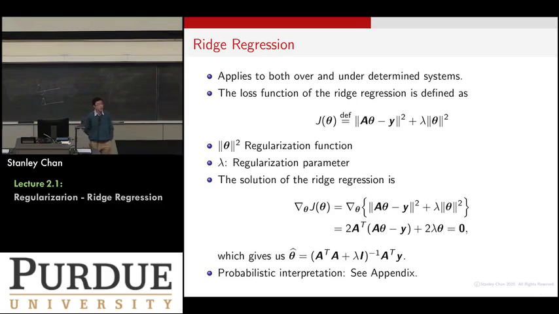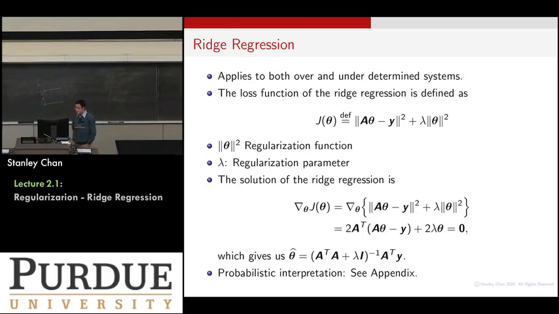And the solution is shown in the bottom, and it says that instead of having just A transpose A inverse and A transpose, I will have an additional term of lambda I, right? Where does this lambda I come from? You go back to the derivation, you see that there's a 2 lambda theta that goes into the second line of the proof. That's how this lambda I comes into the equation.